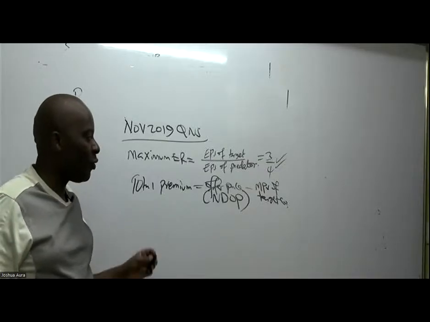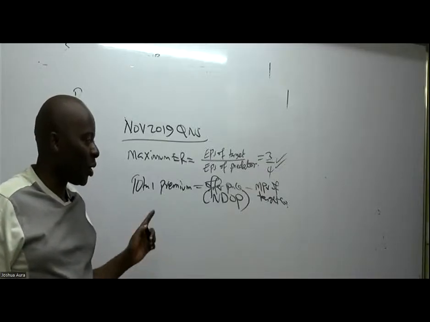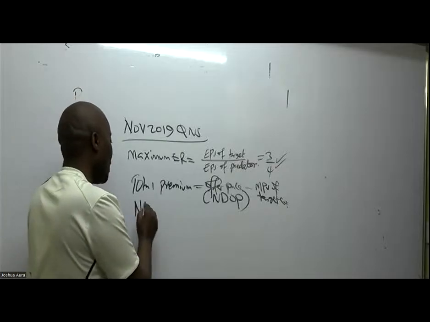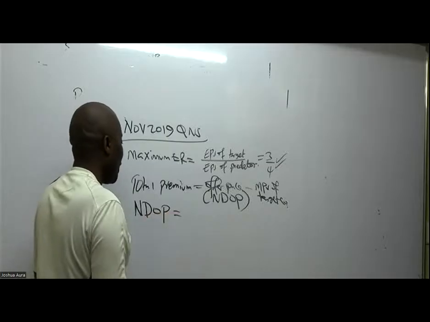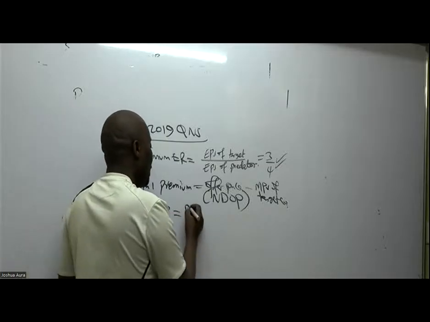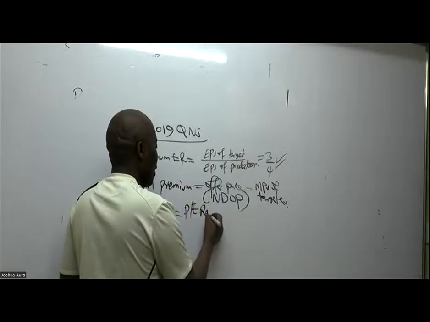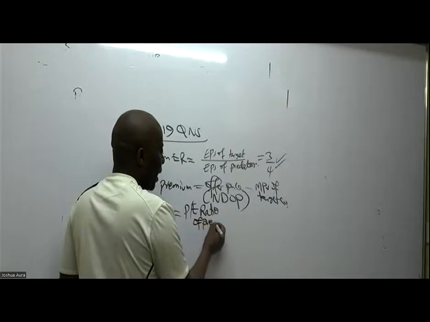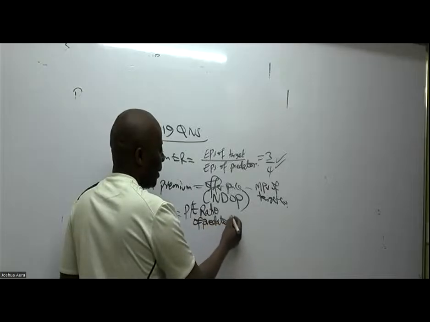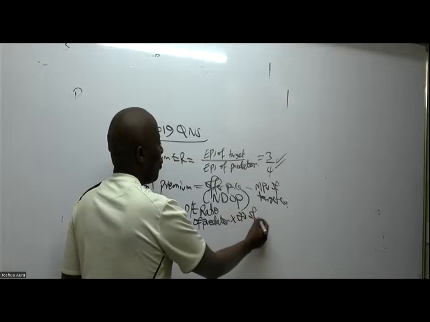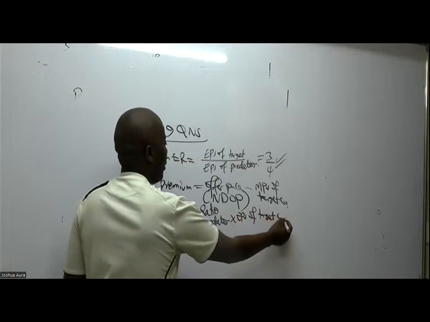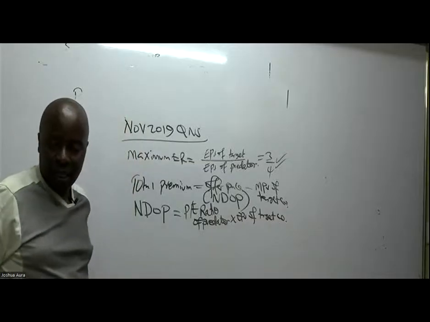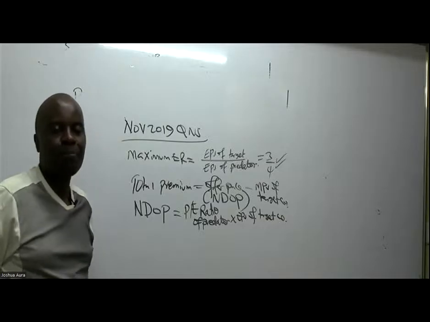So in this case, we have the offer price, which is the non-diluting offer price. How do we get this non-diluting offer price? To get the non-diluting offer price, we take the PE ratio of the predator times EPS of the targeted company.